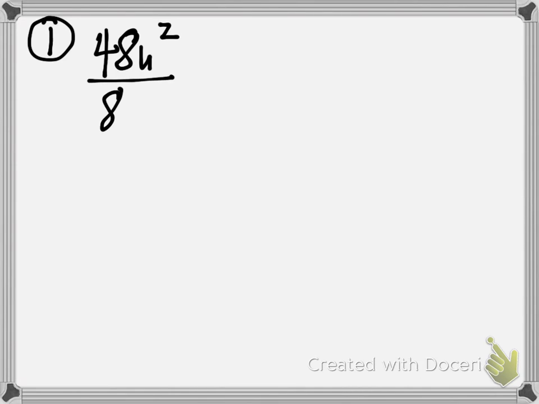Okay, the difference between these two problems. So let's look at it. For the first problem, I have 48u squared over 8u to the third.